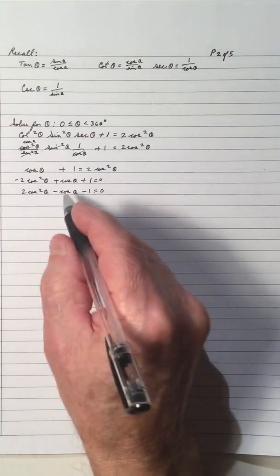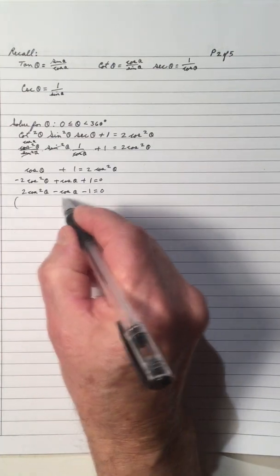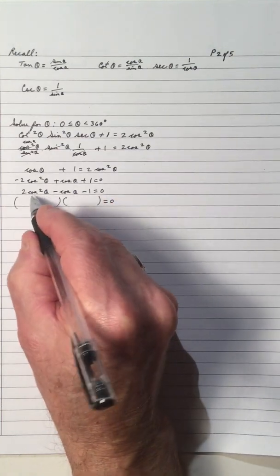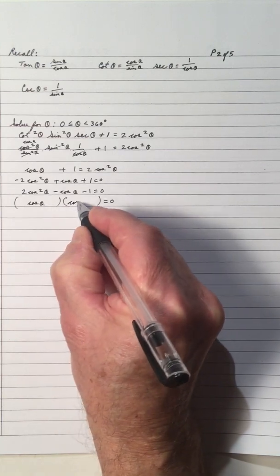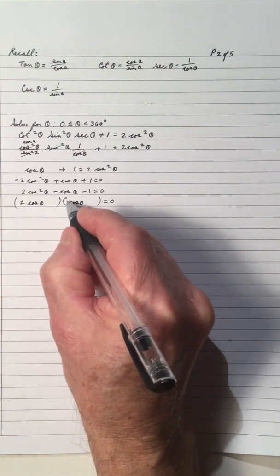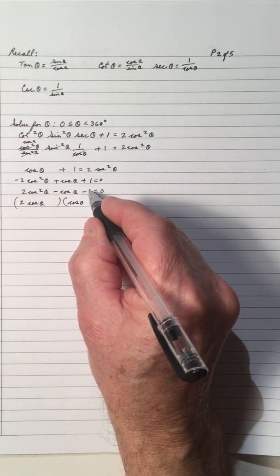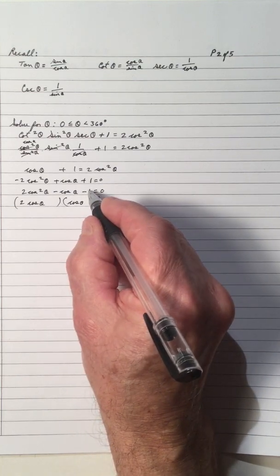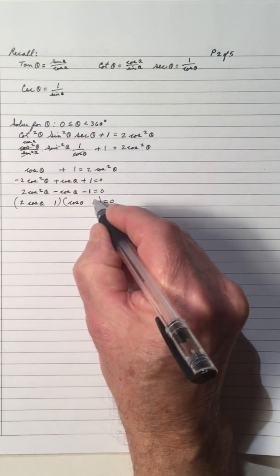And now I'm able to notice there's no GCF, but it's a quadratic, so it's factorable. And this is the easy one to factor, because cos squared is cos times cos, but 2 is 2 times 1. And the product on the end is negative, and it's a 1, so the only way to get that 1 is 1 times 1.